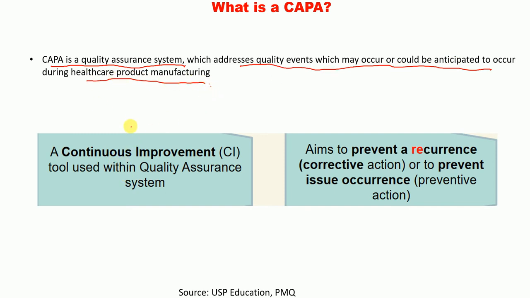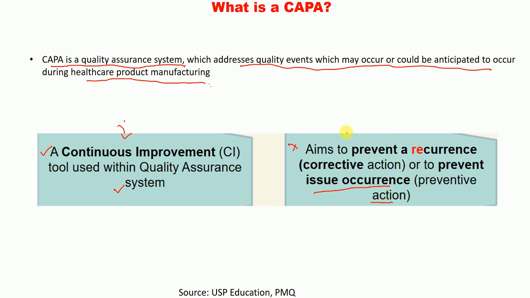CAPA is a continuous improvement (CI) tool used within the quality assurance system. CAPA aims to prevent a recurrence, that is corrective action, or to prevent an issue occurrence, that is preventive action.